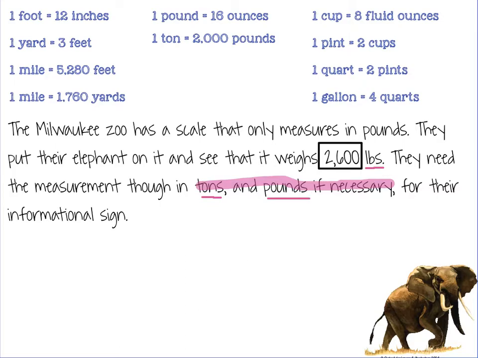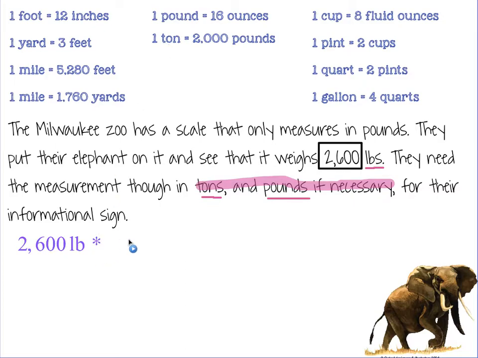Looking at this, we write down first that we're starting with 2,600 pounds and we're going to multiply that by a rate. I know that there are 2,000 pounds in 1 ton.